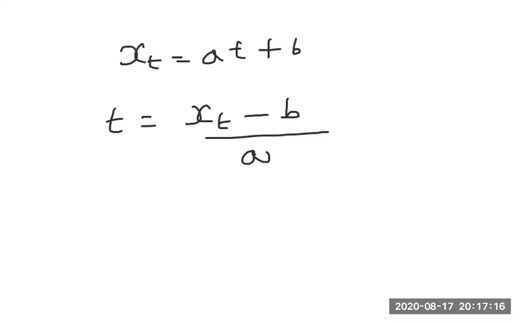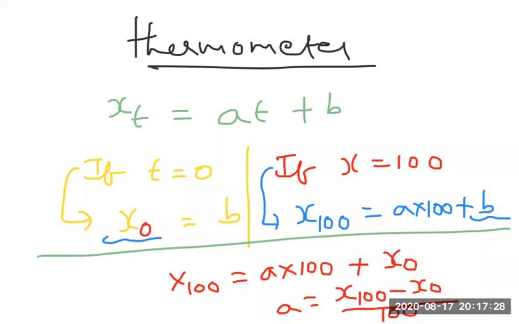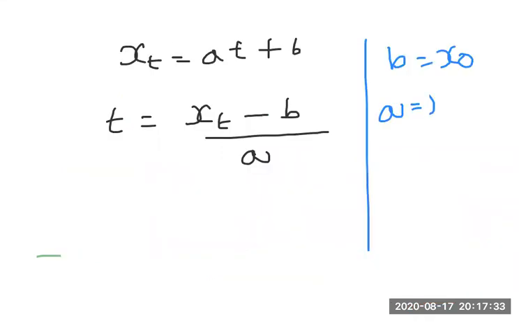Just now we found that b = X0, and in the previous page, the a value we wrote as (X100 - X0)/100.